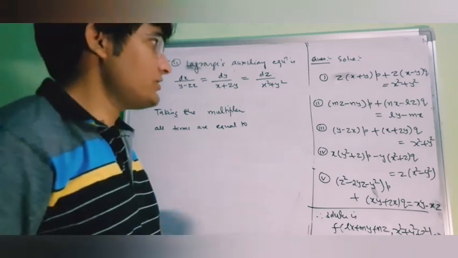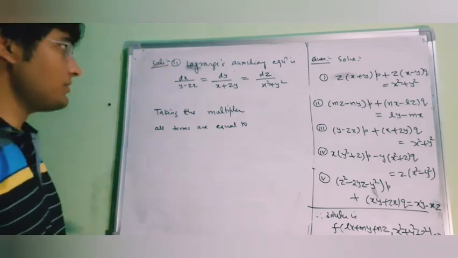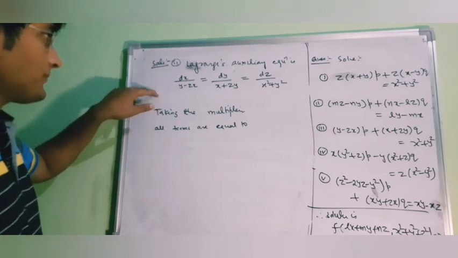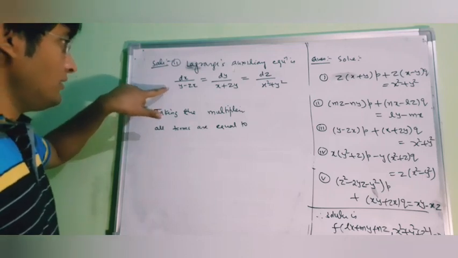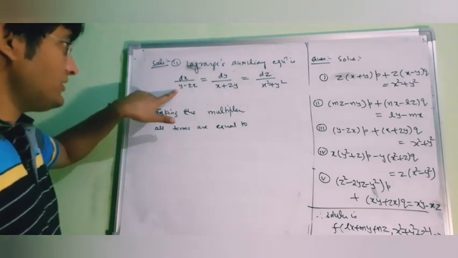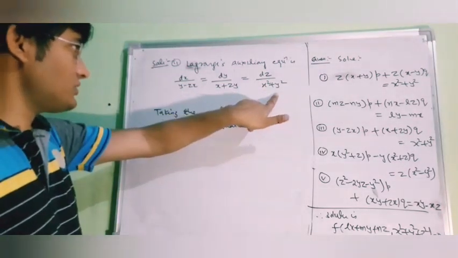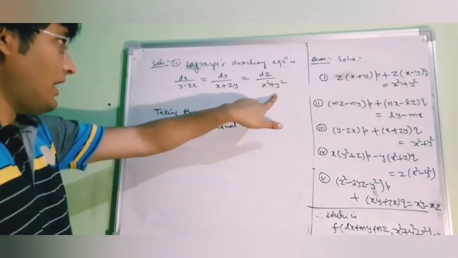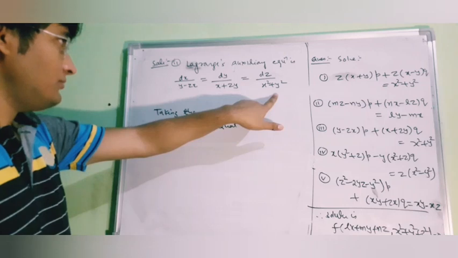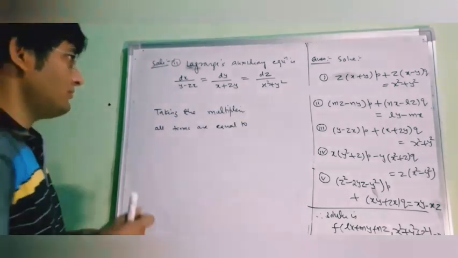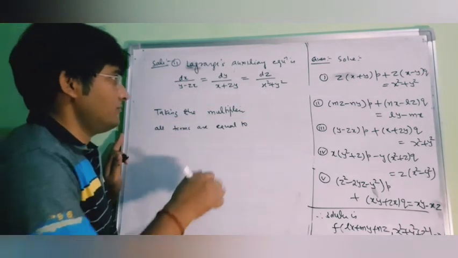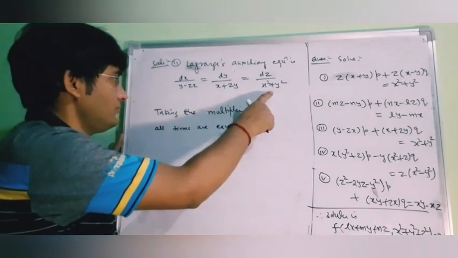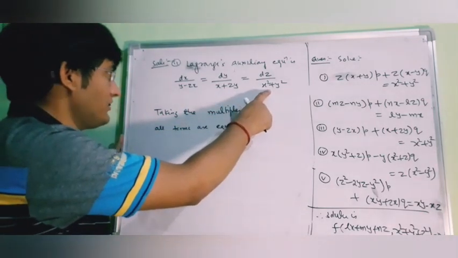So this is your y minus zx, x plus zy, and x square plus y square. Okay. As you can see that here we are getting x square plus y square, and this type of term, let us find out this type of term.